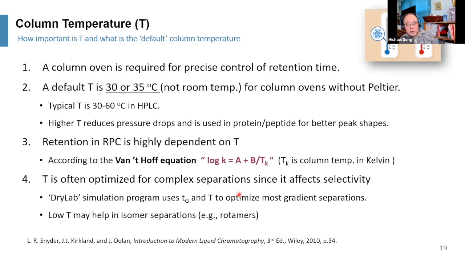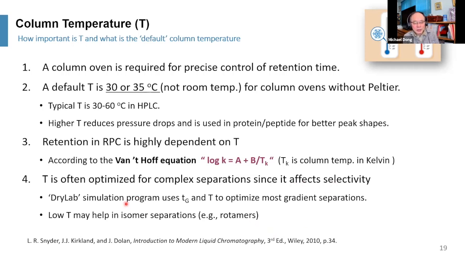The equation controlling the retention of reverse phase is defined by the Van 't Hoff equation, right? This is a famous equation in physical chemistry, where the log of the k of retention is controlled by this equation. T is your temperature in Kelvin, not in centigrade, right? So temperature is also optimized in complex separations, since often temperature affects selectivity to some small degree.